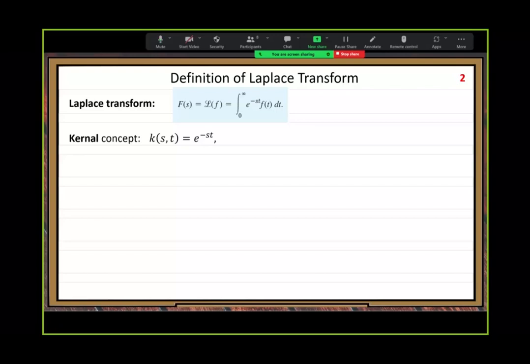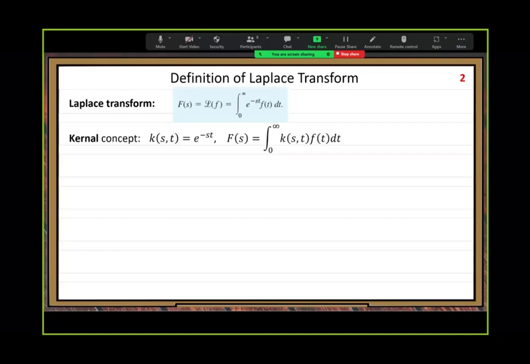So here, this operator uses this specific kernel function. This is just terminology. You do not have to use these terms. Even if you do not know these terms, you can do the Laplace transform. This operator is defined with the kernel in this way.